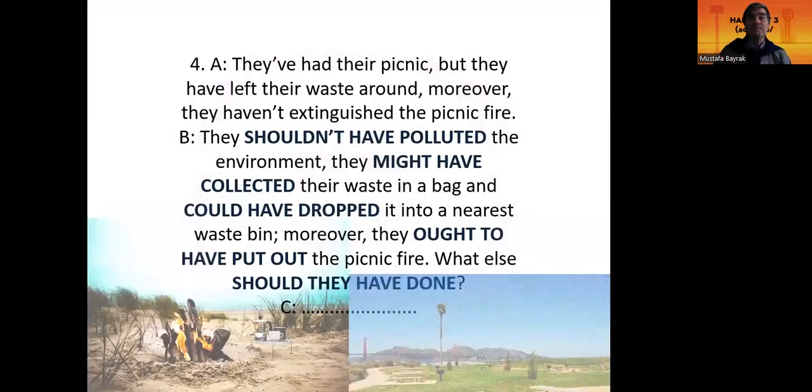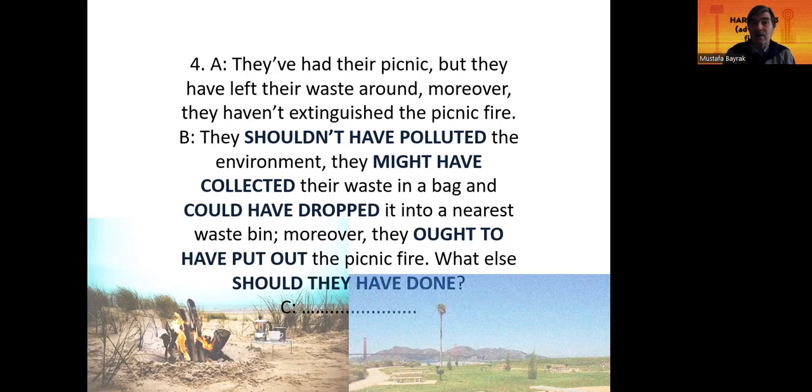Okay, dialogue 4. They had their picnic. Having a picnic is not forbidden. They had their picnic, but they have left their waste around. This is not good. Moreover, they haven't extinguished the picnic fire. The fire is still burning.